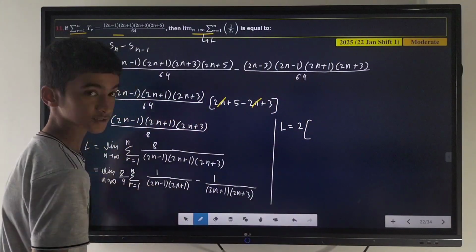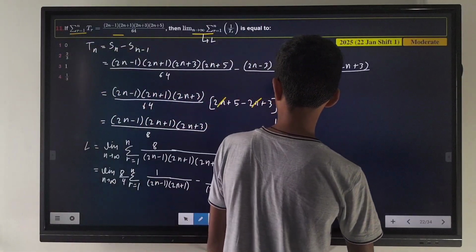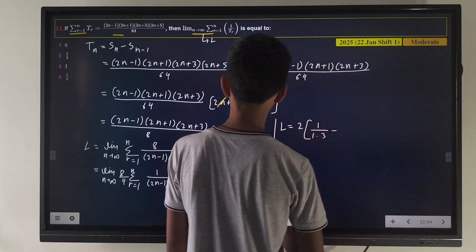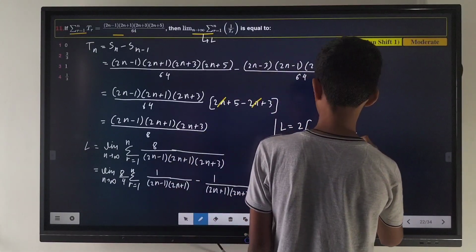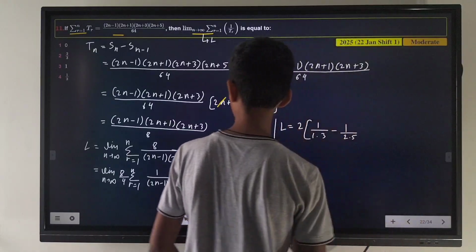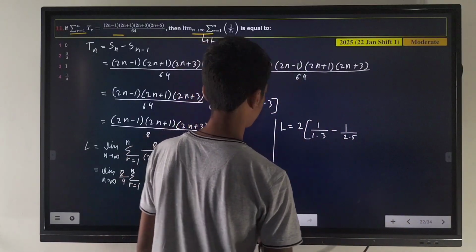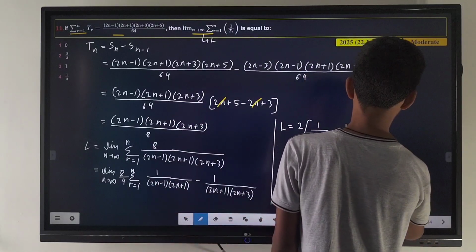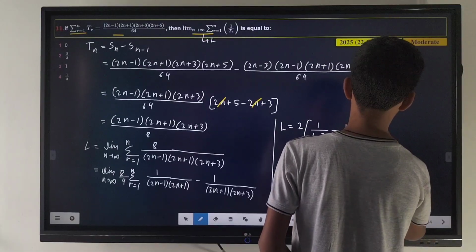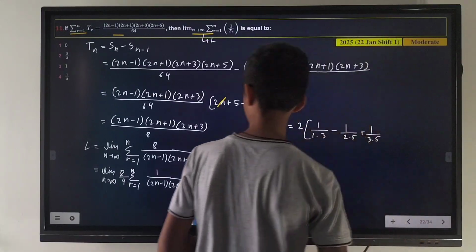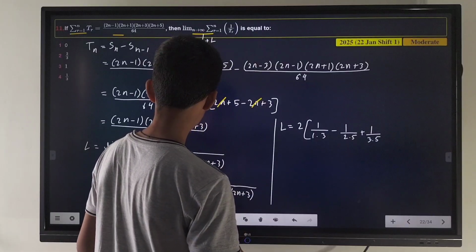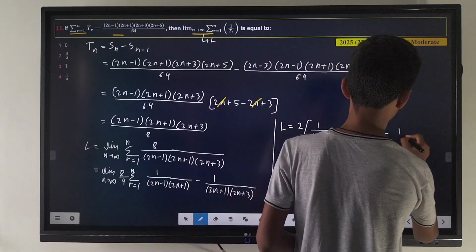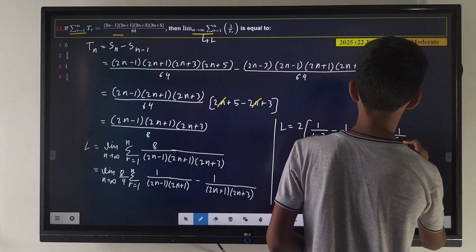Let's open this limit and the sum. We will get 1 upon 1 into 3 minus 1 upon 3 into 5, plus 1 upon 3 into 5 minus 1 upon 5 into 7, and so on till infinity.